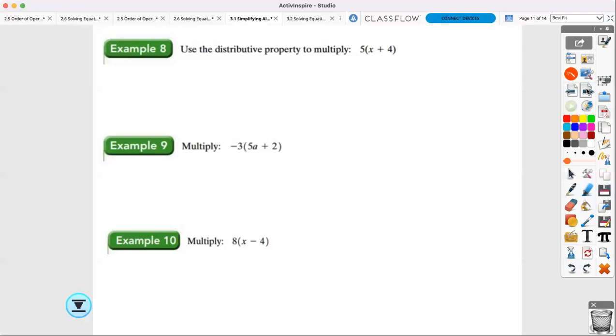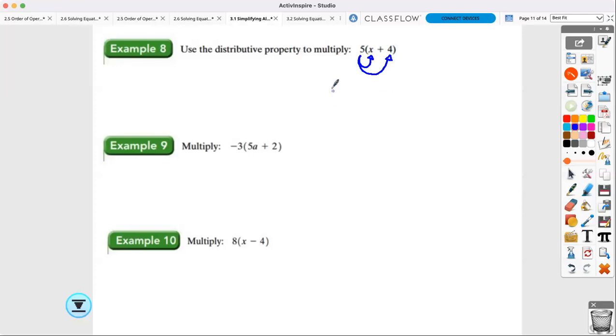Five seconds before I get started. So if you look at example 8, class, we have a 5 parentheses x plus 4. So what's happening here is we're going to multiply the 5 to the x, and then we're going to multiply the 5 to the 4.